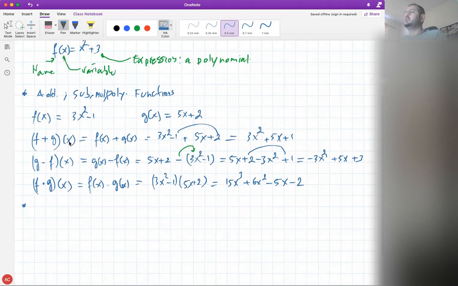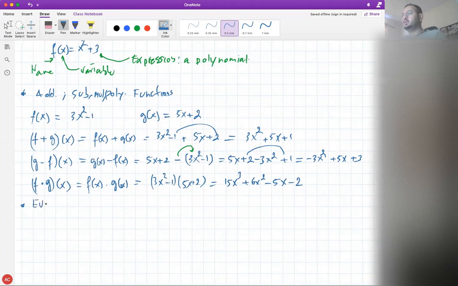Now let's see what happens if you have a number. Sometimes you have a number here instead of x. If you have x, this is what you do: add, subtract, multiply. Other times you may see a specific number here. That's when we evaluate the polynomial functions, just like we did before with linear functions and quadratic functions.